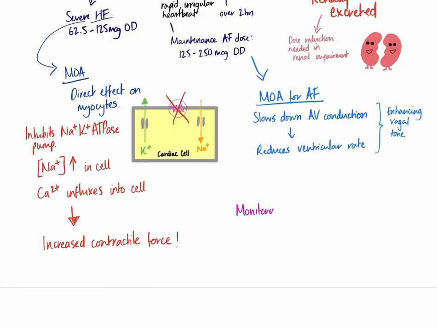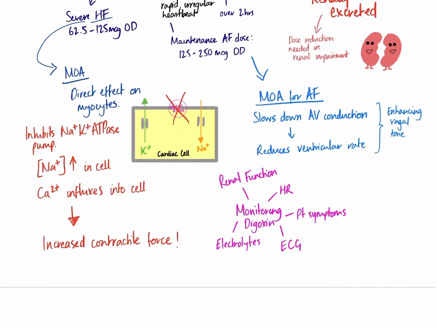For monitoring digoxin, you need to monitor the heart rate, because as digoxin can slow down the heart rate, it's quite important to measure it. You also need to measure patient symptoms to make sure that the drug is working. You need to take ECGs and electrolytes, which I'll touch on later. You also need to measure the renal function, because as I've mentioned before, it's renally excreted.